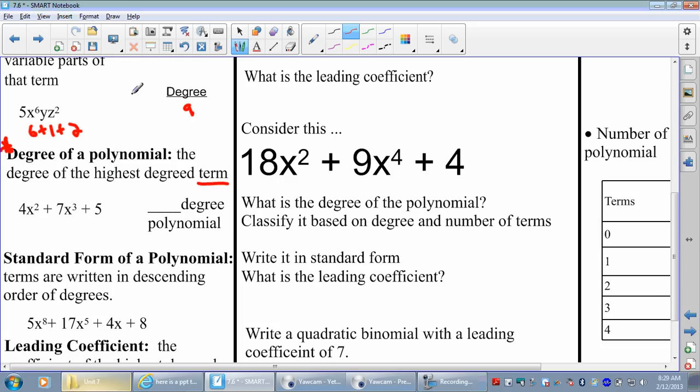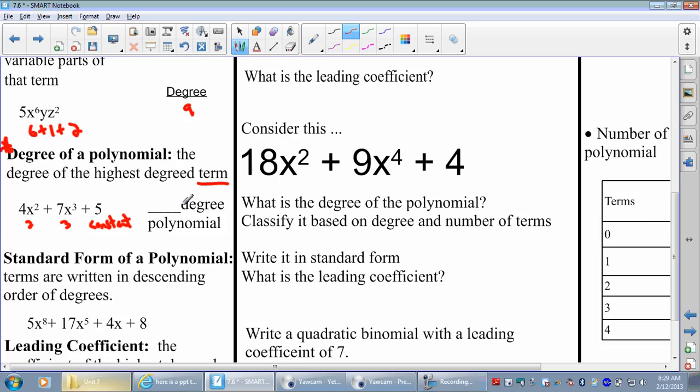If we apply the logic up here to this one, this term right here is a 2nd degree. This term right here is a 3rd degree. And this term right here would be just a constant, otherwise known as degree 0, but for our purposes it's a constant.